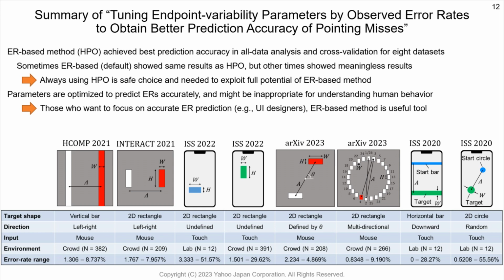Therefore, always using HPO is a safe choice, and HPO is needed to exploit the full potential of the ER-based method. As a limitation, the parameters are optimized to predict error rates accurately, and might be inappropriate for understanding human behavior. So the ER-based method is useful for those who want to focus on the accurate prediction of error rates, such as user interface designers.